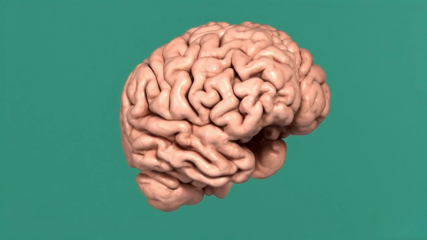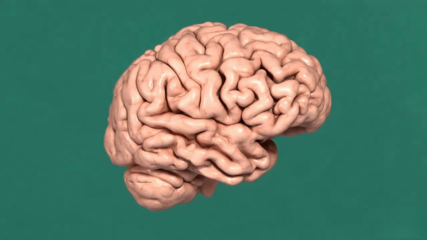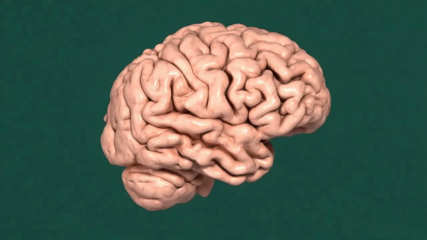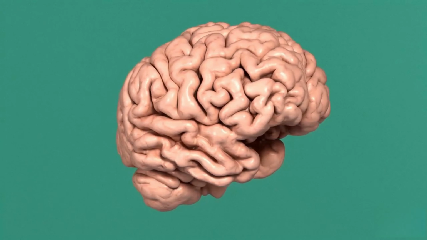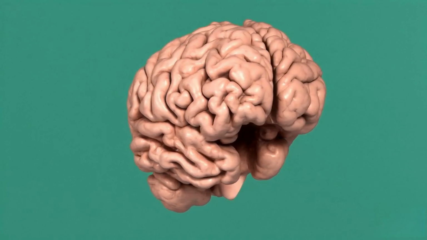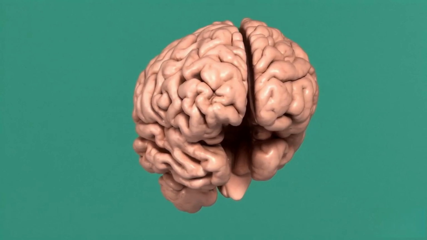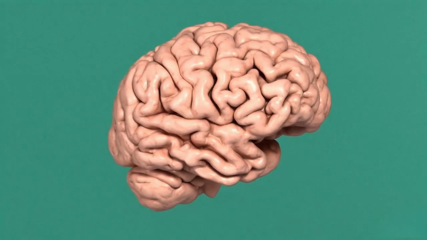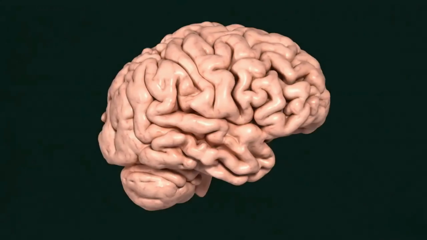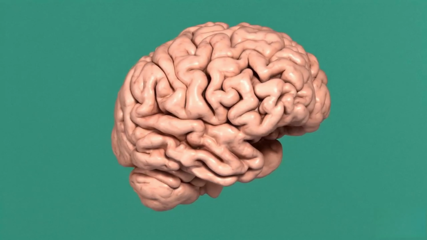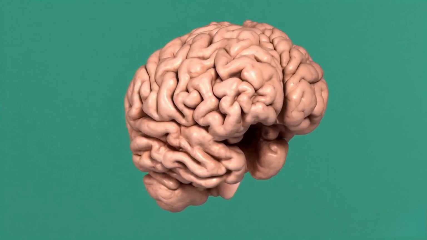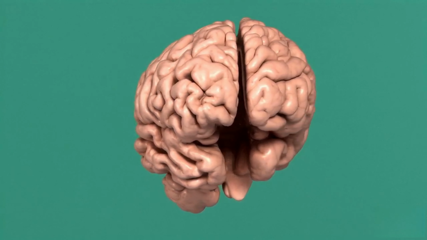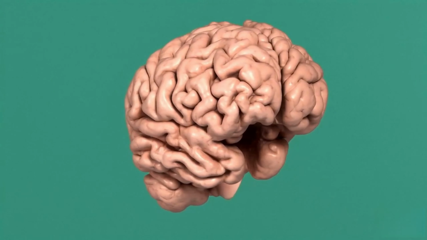Hypothalamus, regulates hormones, hunger, thirst, temperature, sleep. Pituitary gland, master hormone gland, controls growth, metabolism, and reproduction. Pineal gland, produces melatonin, regulates sleep and awake cycles. Amygdala, emotion processing, especially fear and reward.